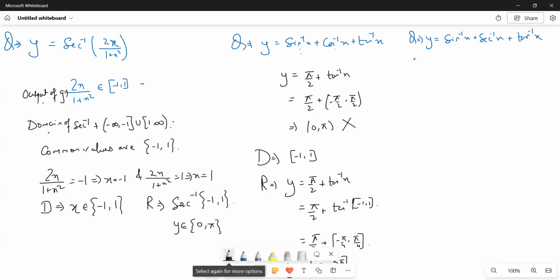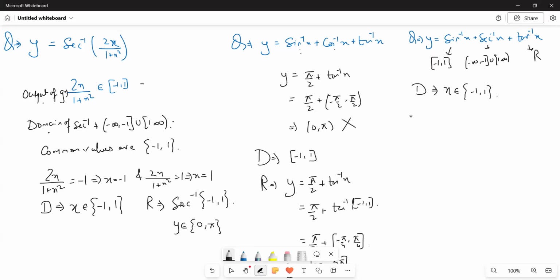What will happen for the domain of this? The domain of sin inverse is -1 to 1. For sec inverse it will be minus infinity to -1 union 1 to infinity, and tan inverse is all real numbers. For the overall domain of the function, we take the intersection of the three. So what will we have for the domain? -1 and 1. Again, the same thing will happen. The only values in the domain would be -1 and 1.